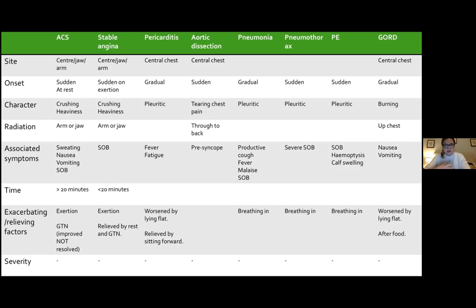You ask about position because in pericarditis, sitting forward will relieve the chest pain to an extent. And in terms of medication, GTN should relieve stable angina, and GTN might improve ACS, but it won't resolve it at all.